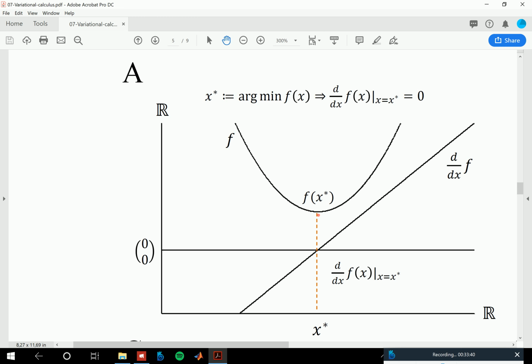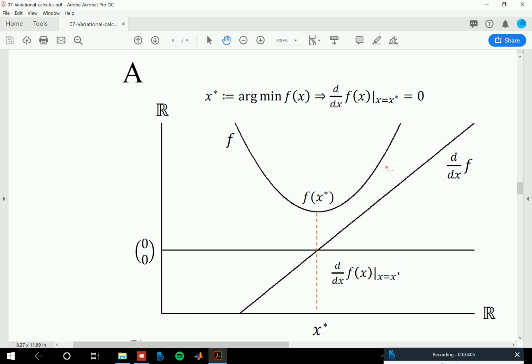Here the function is going up again, so the derivative is positive. That means that at this location, where it changes from going down to going upward, the derivative is 0. Yeah. So this you know quite well.